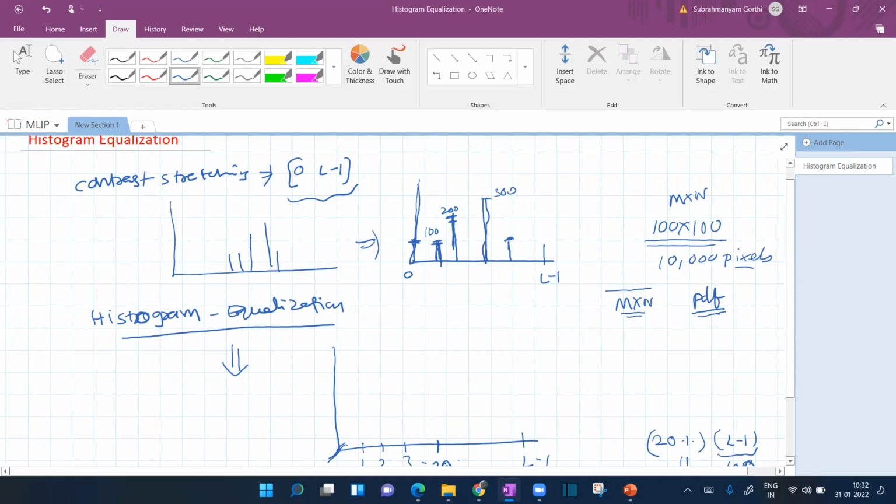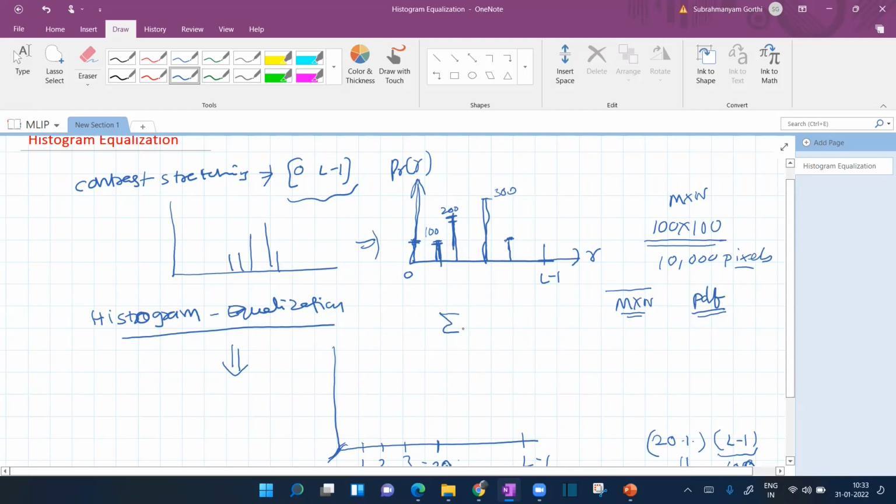So when can you accept something as a PDF here? Let me call this R, and this PR of R. When can you call PR of R a probability density function? When it reaches one at L minus one, as in the sum will be one too.